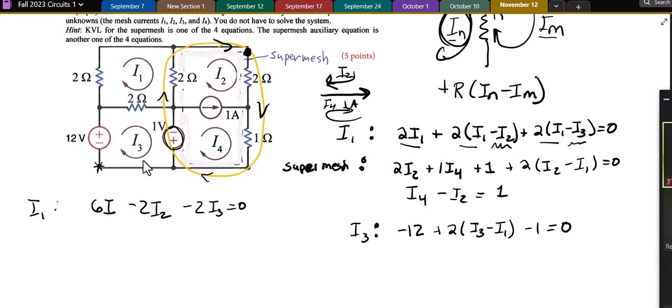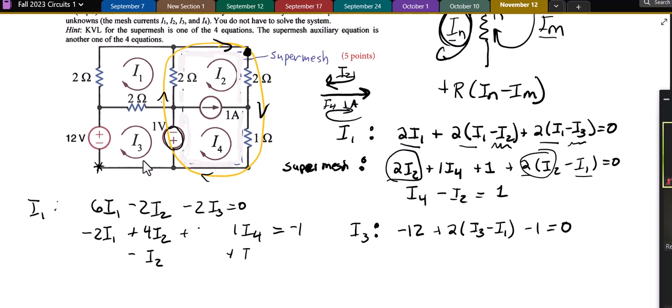Now for my super mesh equation, I have minus 2I1, and plus 2I2 plus 2I2, so plus 4I2, and then plus 1I4, and then I'll take my 1 to the other side: equals negative 1. And then my third equation, I have minus I2 plus I4 equals 1.